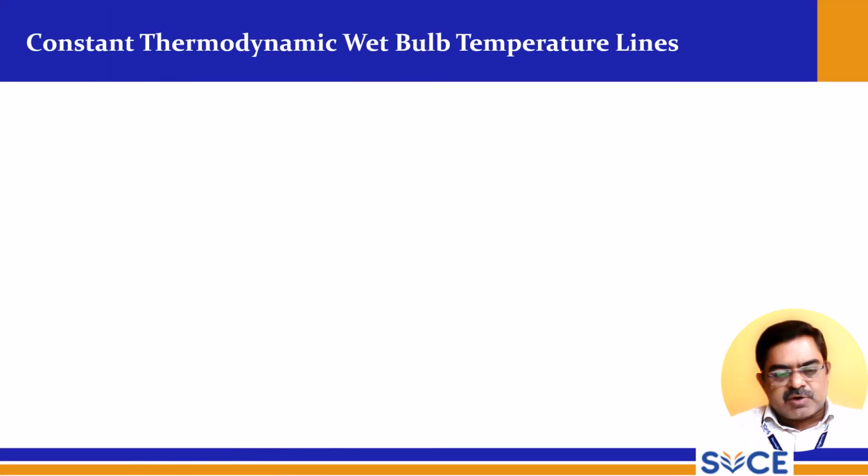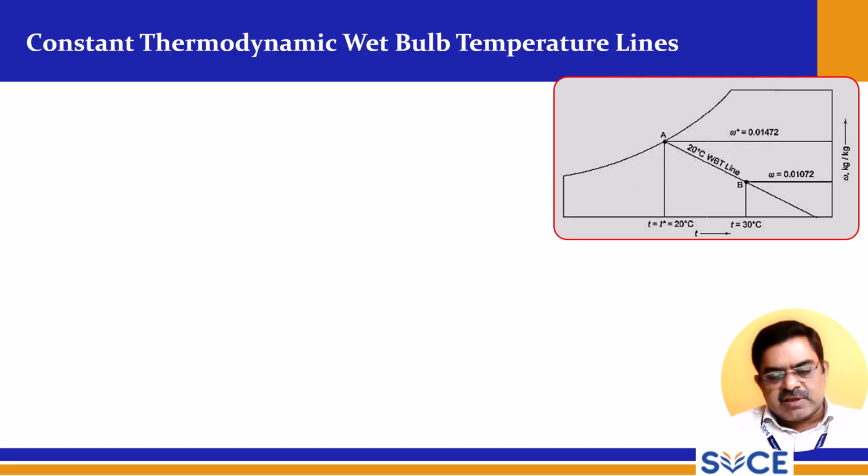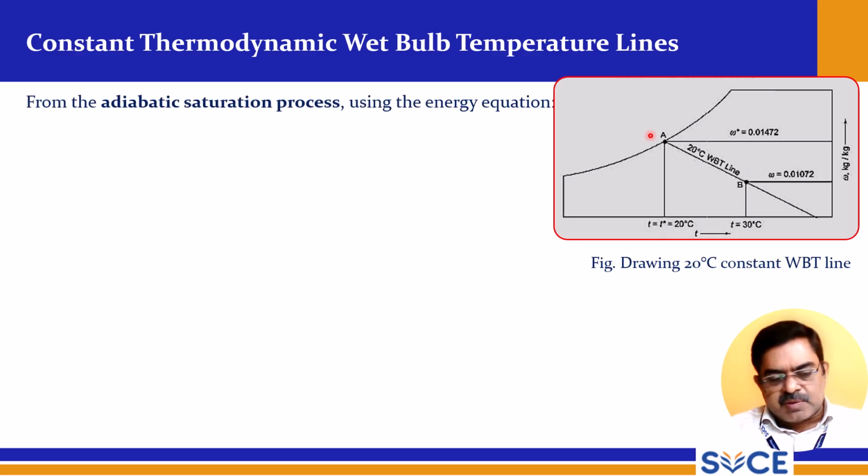So, constant thermodynamic wet bulb temperature lines. These are the wet bulb temperature lines. This inclined line is known as the constant wet bulb temperature line. For the 20 degrees Celsius constant wet bulb temperature line, the adiabatic saturation process using the energy equation gives H equal to H star minus (omega star minus omega) HF dash.